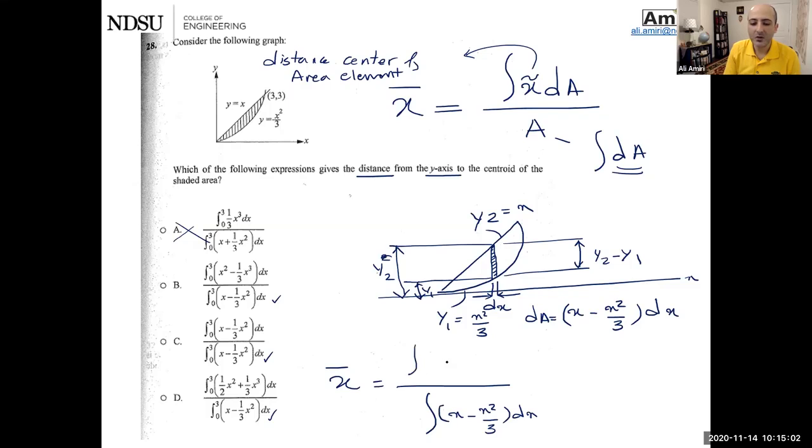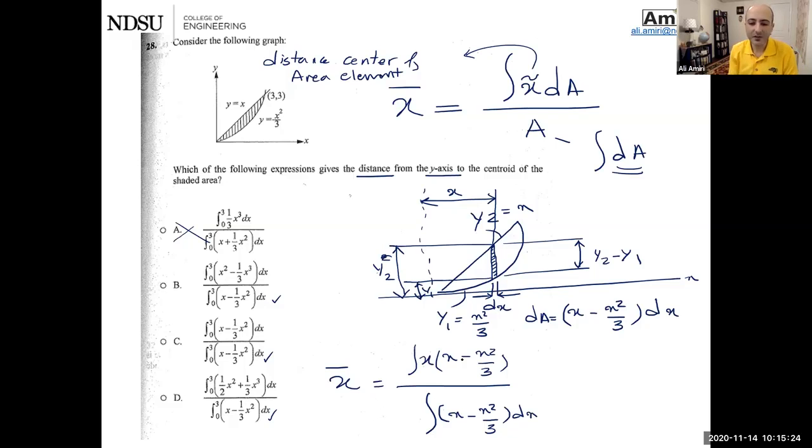The top part is going to be the same, it just has an x tilde in it, the distance of the center of this element to the y-axis, which is just x. So I need to have an x multiplied to it.